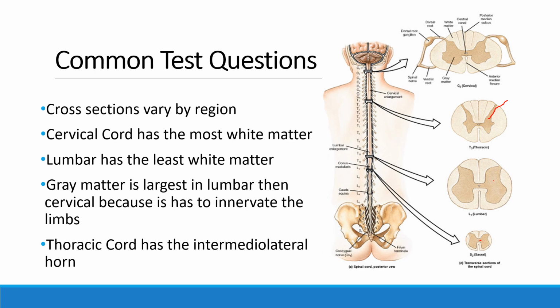Look at these dorsal columns. That's even thoracic one, cervical's up here. And then lumbar is going to have the least. Gray matter is the largest in the lumbar, then cervical, because it has to innervate the limbs. The thoracic cord has the IML, or the intermediolateral horn.